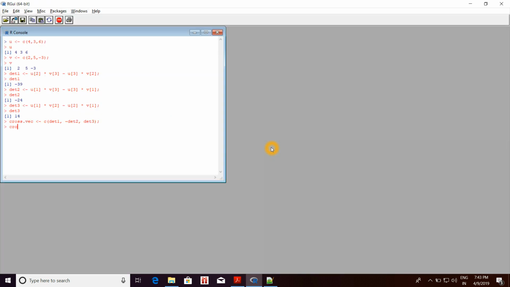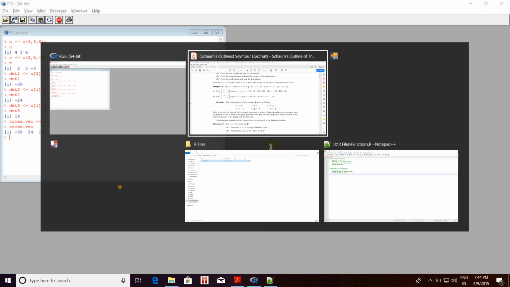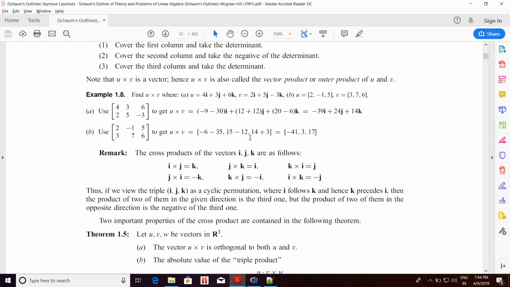So cross.vec is equal to minus 39, 24 and 14.